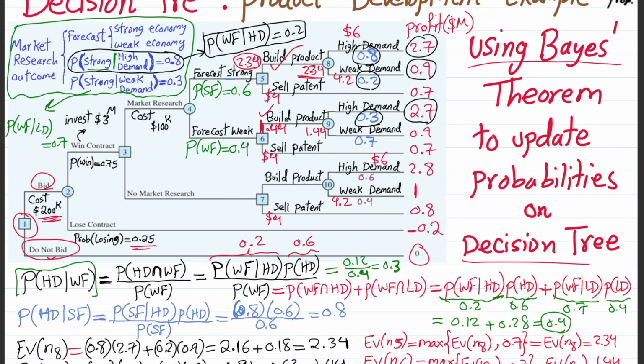Now, look at chance node number 4. There are two probabilistic events coming out, forecast strong and forecast weak, and we found that the probabilities for them are 0.6 and 0.4.